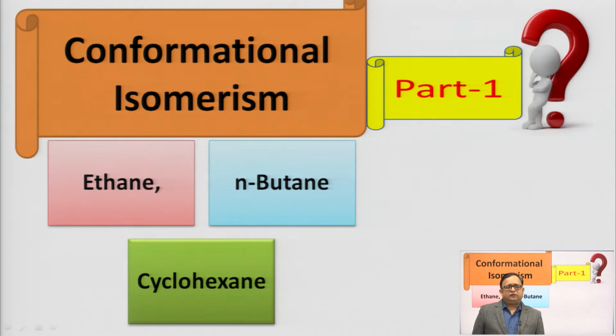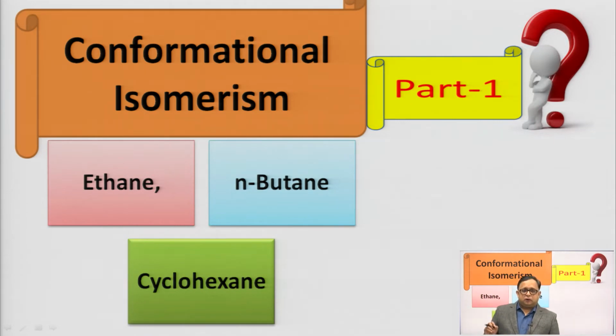Now, in this lecture, we are going to discuss conformational isomerism with reference to ethane, N-butane and cyclohexane. I have divided the discussion regarding conformational isomerism into 2 parts.